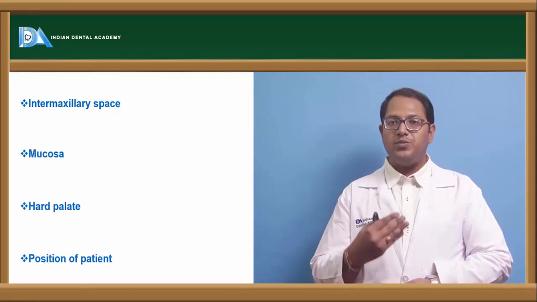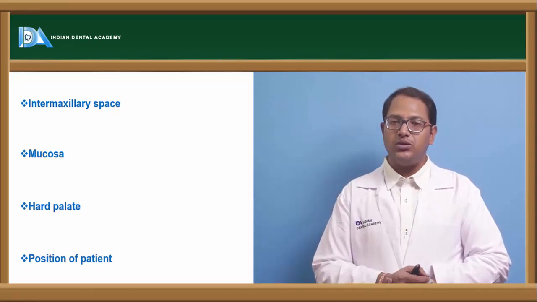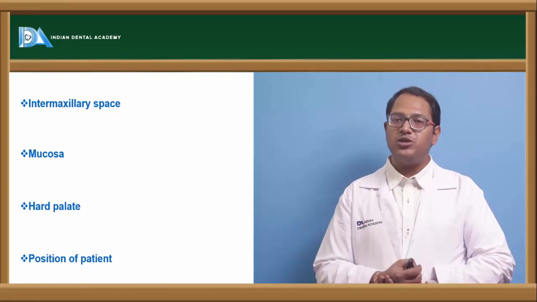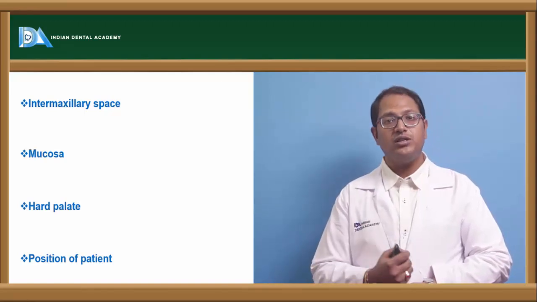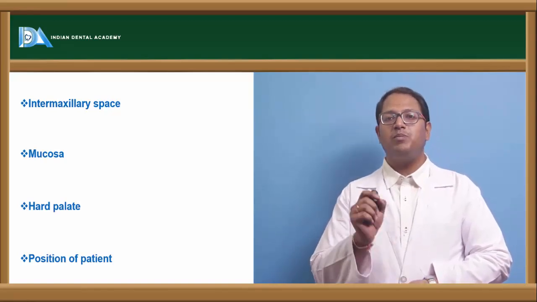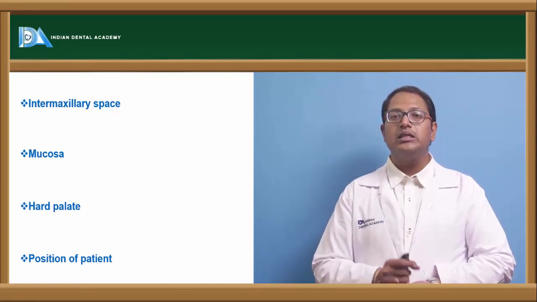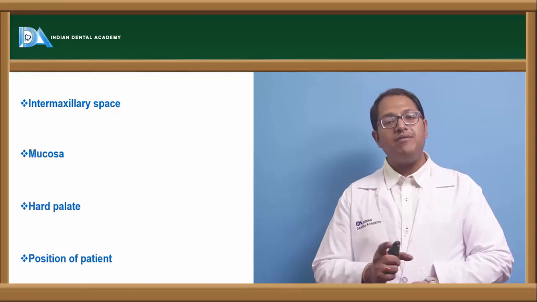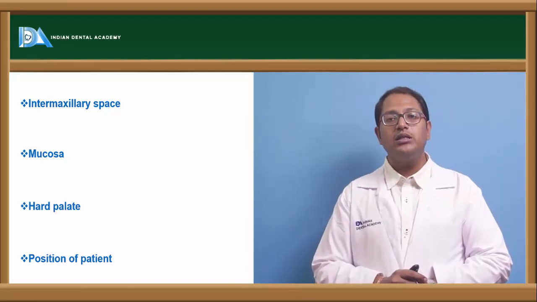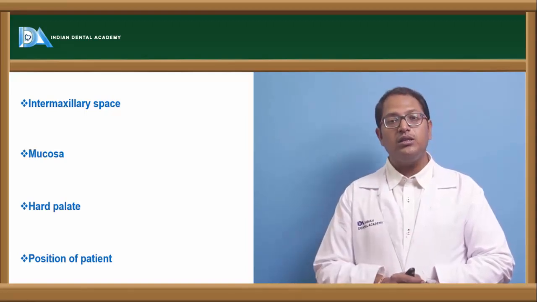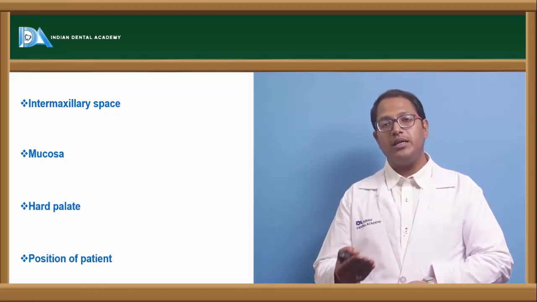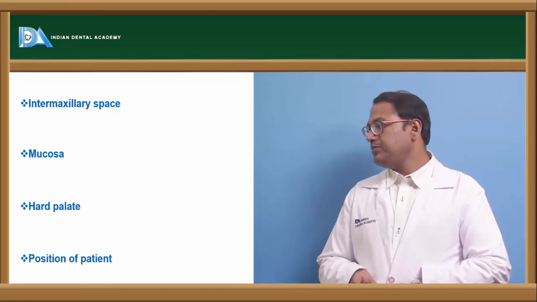When the patient speaks this word continuously, he gets into a relaxed, neuromuscular relaxed position. In that position, part the lips properly and you can find out about the ridge parallelism. In the same way you are supposed to find out about the ridge relation, and that can also be done intraorally.